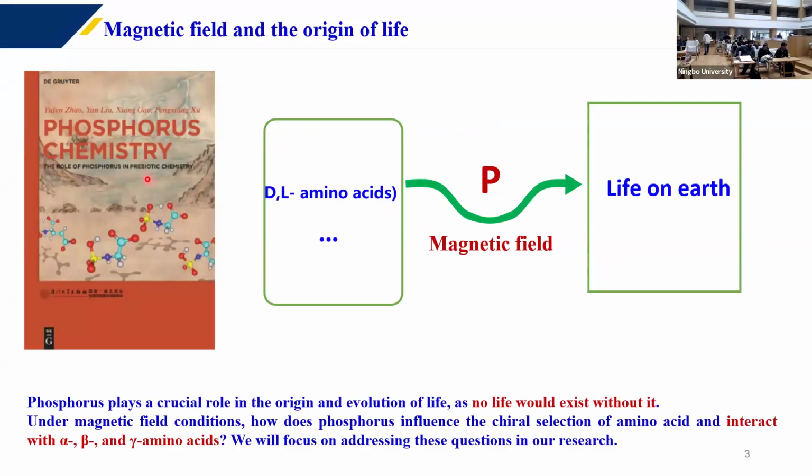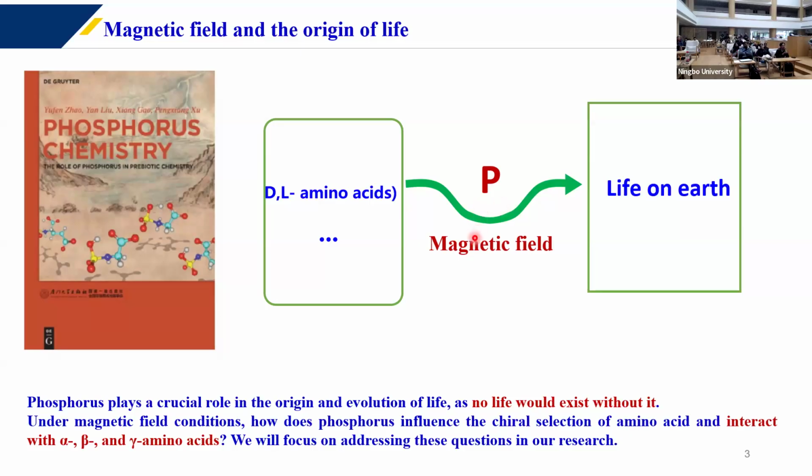Professor Zhao has long been dedicated to research on the origin of life, and this book is about phosphorus and the origin of life. I highly recommend everyone to read it. Phosphorus plays a very important role in the origin and evolution of life, as no life would exist without it.